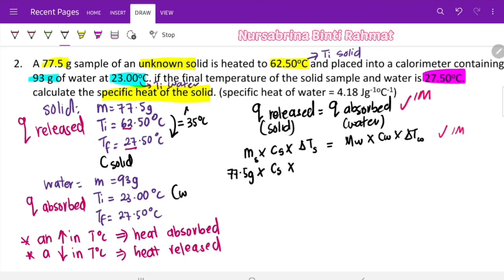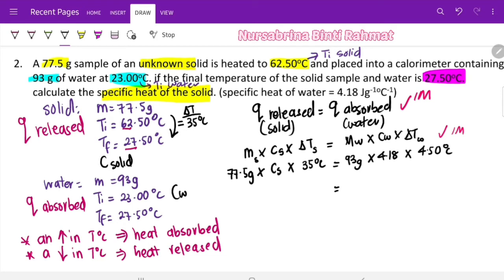Whereas for your water, we have 93 gram, and the specific capacity of water is 4.18, which is a fixed value. The temperature change is from 23 to 27.50, so it becomes 4.50 degrees Celsius.